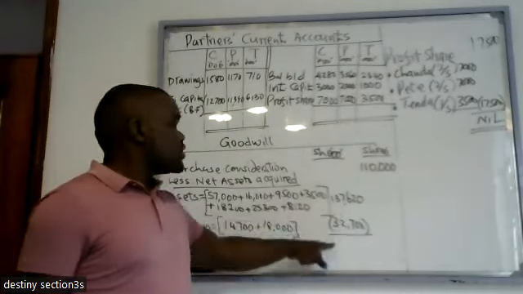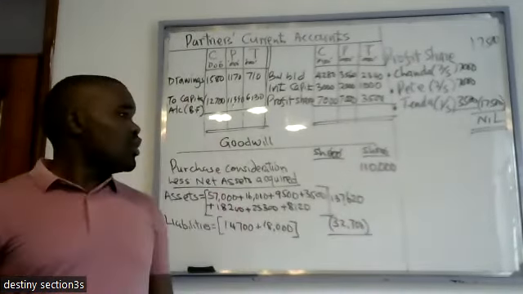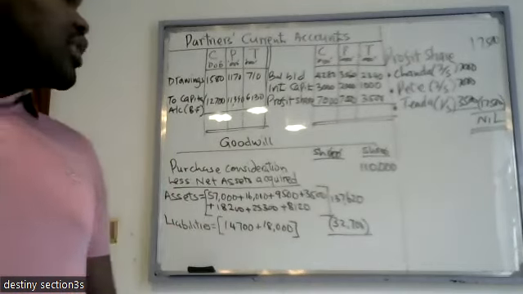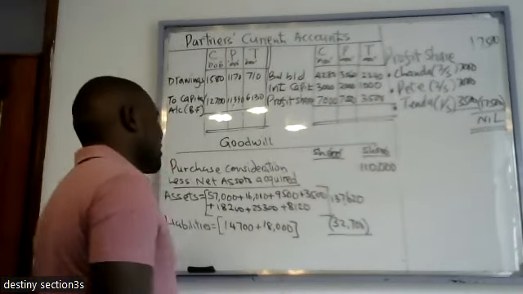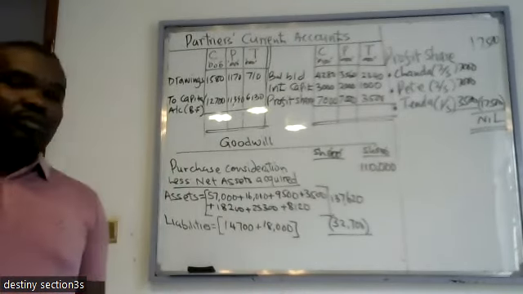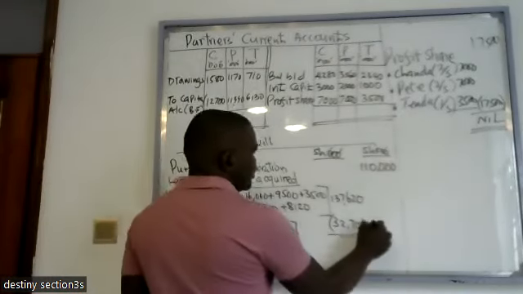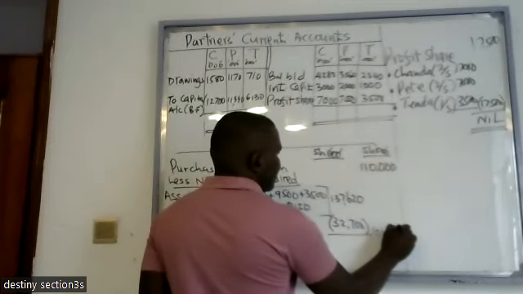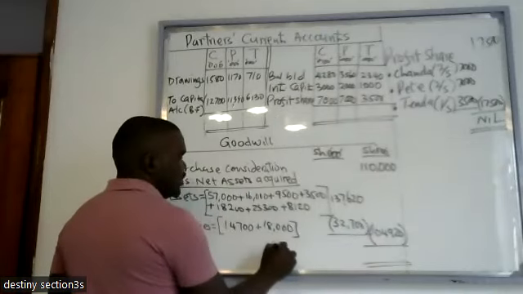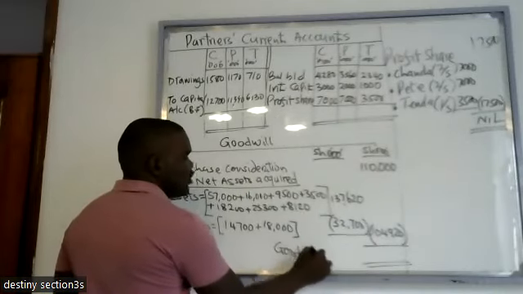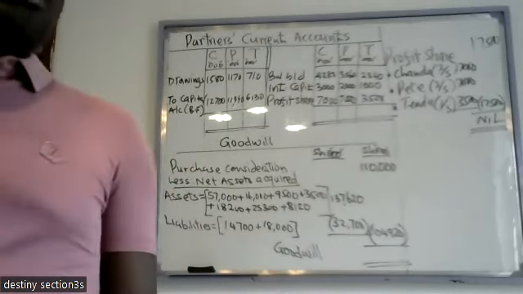So this minus this is the net assets, which I'm going to bring here to get goodwill. 137,620 minus 32,700. What do you get? 104,920. Therefore, the difference is goodwill. That is how you calculate goodwill on conversion of a partnership to a limited company.